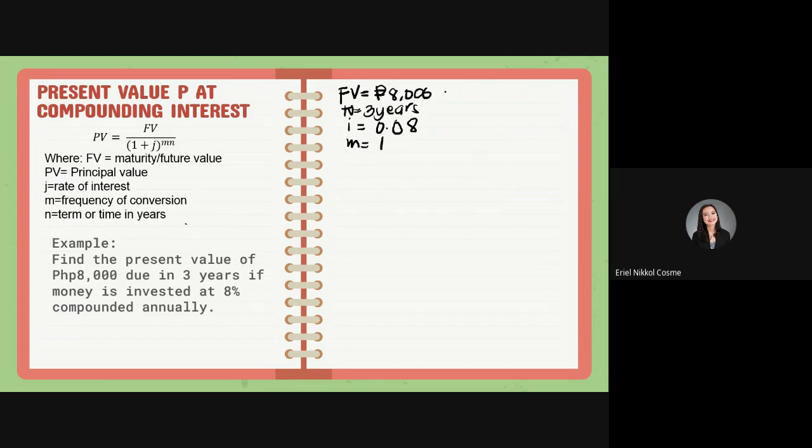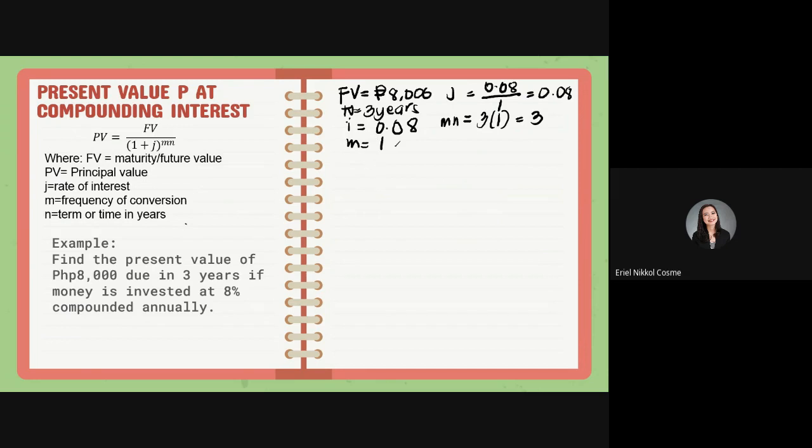So, let us get our J. J is equal to 0.08 divided by your conversion period, which is 1. So, this is 0.08. Now, your mn is equal to 3 times your conversion, which is 1. This is equal to 3. Now, let us solve this one.